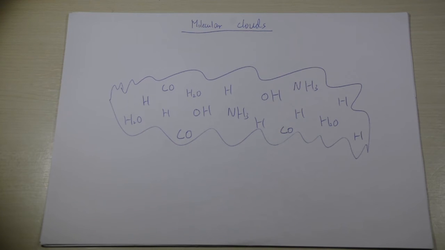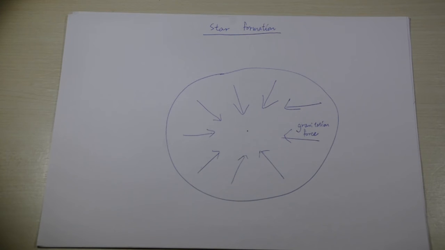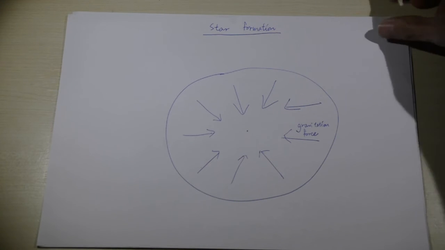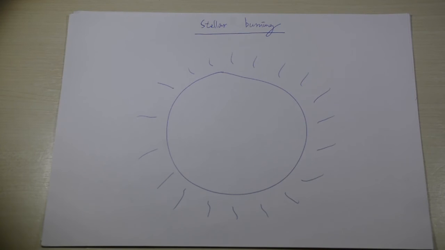In this process, other molecules such as CO and OH will be formed. Then, star formation starts by gravitational force. After that, stellar burning occurs and emits light and heat. Also, it will produce heavy elements in the process.